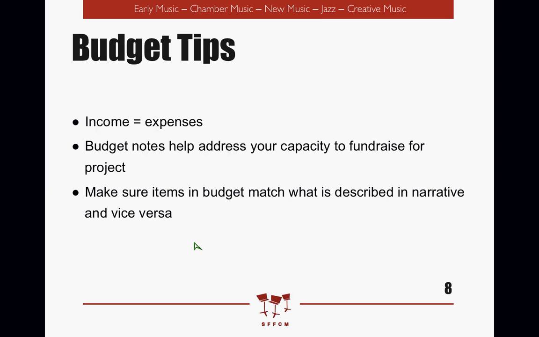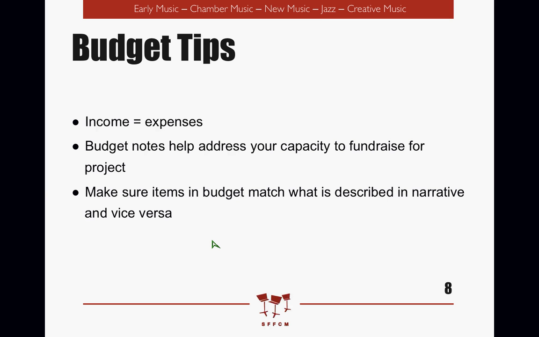Something to make sure of when you are budgeting is that the numbers you're presenting us with match what is being described in the narrative and vice versa. So let's say, for example, you're doing a commissioning project, and it also involves recording a CD of a new work.